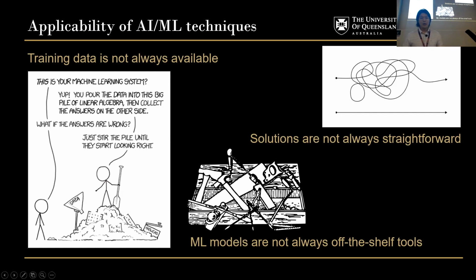Also, machine learning models are not always off-the-shelf tools. It's not like, okay, it's online, it's open source, so I can just grab it and go. Plug and play is not always the case. And solutions are not always straightforward, so practitioners need to improve the machine learning model case by case.